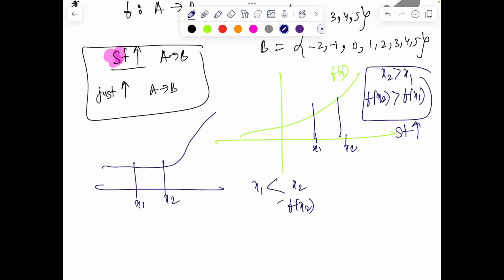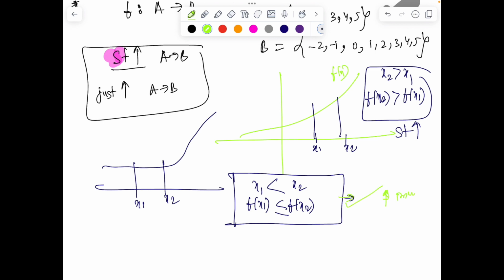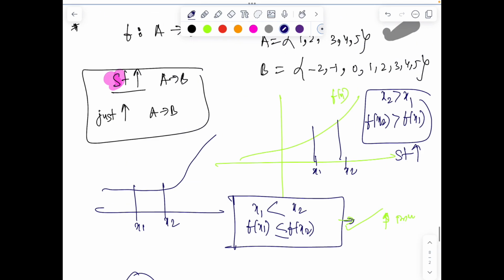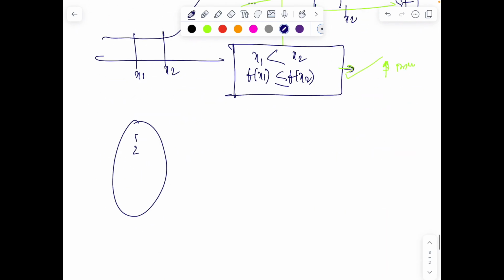So given 2 inputs x1, x2, so that x2 is more than x1, if f of x2 is either greater than f of x1 or equal to it, so it's basically a little bit more conservative, then we call the function an increasing function. So we use the word strict in the strict inequality sense, and increasing means even equality can happen.